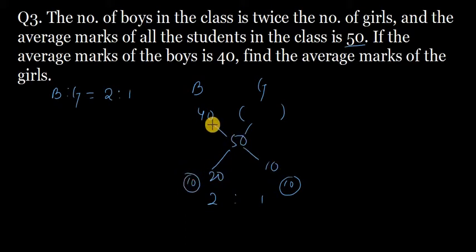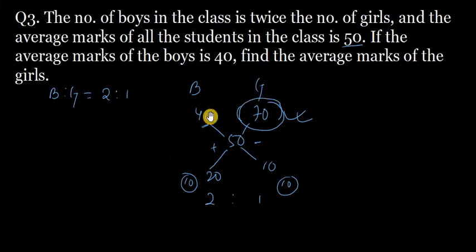Then 50 plus 20 is 70. So the average marks of the girls is 70.